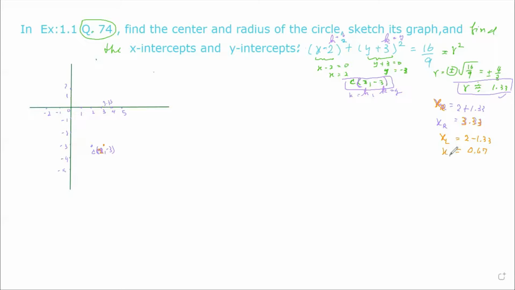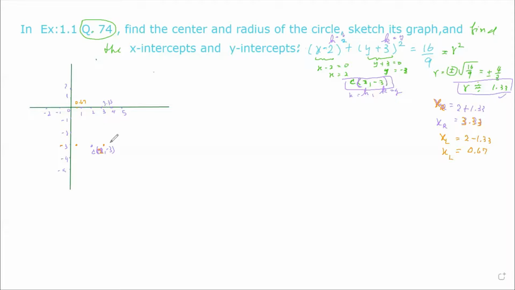This is the value of X going left. X 0.67 is about here, and it goes down to the same point at Y, Y equal to -3. So we got 2 points now, to the right and to the left.